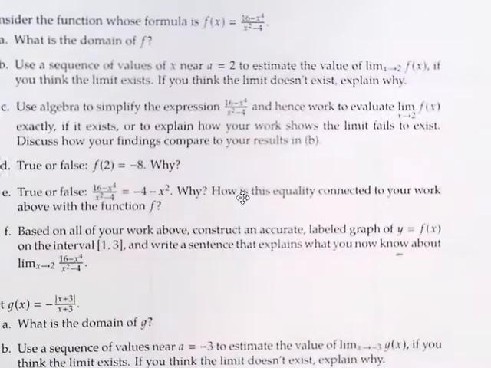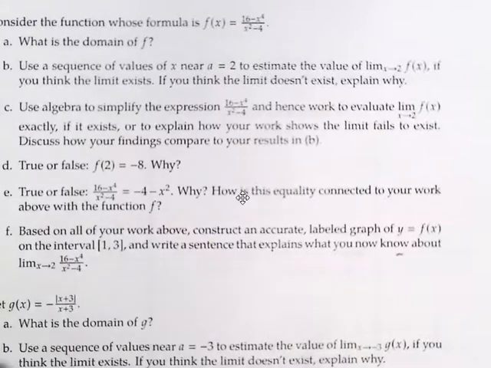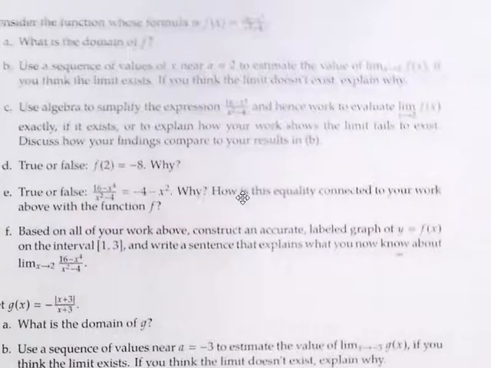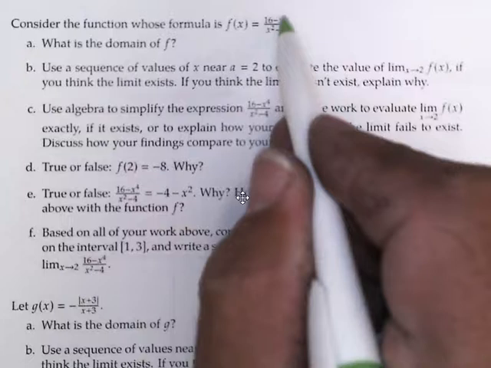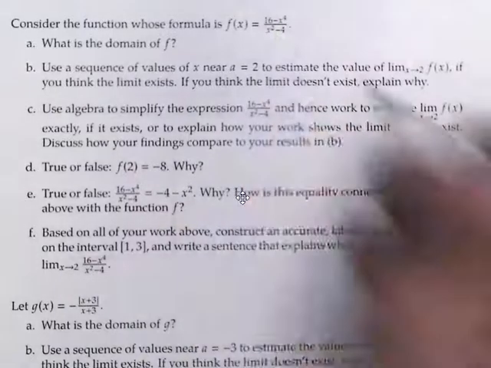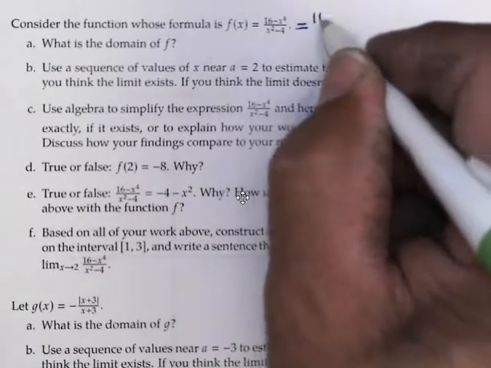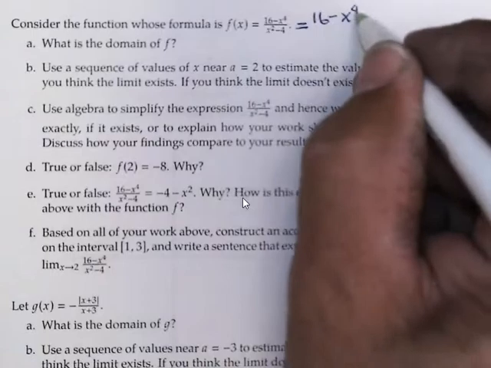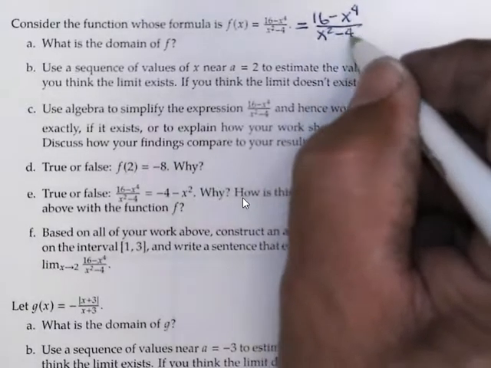And then number 5, some people struggled with. It says, consider this function. And it says, what's the domain of, let me write this bigger for the video here, 16 minus x to the 4th over x squared minus 4.